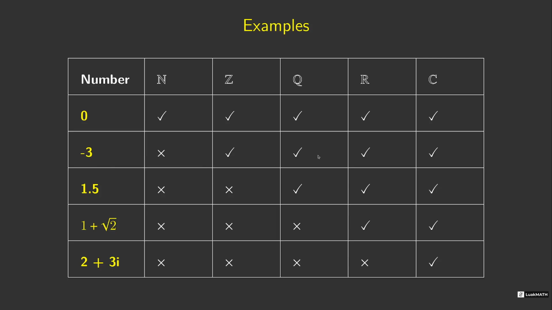But otherwise, it checks the rest of the boxes. The same goes for 1.5. You can see it doesn't check the first two, but checks the remaining boxes. 1 plus root 2 only checks the last two boxes. So, which means this is a real number and a complex number. And then, of course, the last one only checks the last box. Okay? So that's all you need to know about numbers in mathematics. Don't memorize, just try to understand, and you'll be fine to take advanced courses.